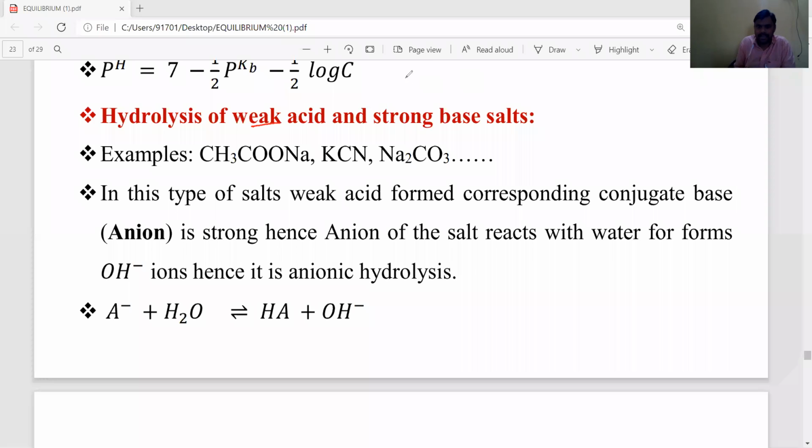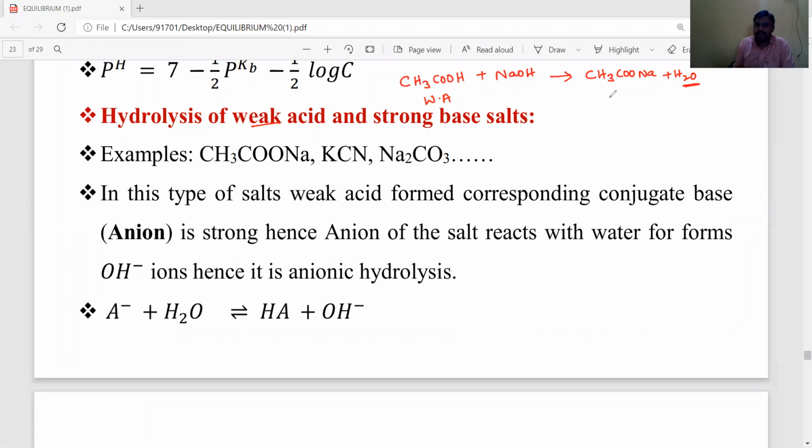For example, acetic acid, CH3COOH, is a weak acid. It combines with a strong base like sodium hydroxide, NaOH, and produces CH3COONa, sodium acetate. So this kind of salt undergoes what kind of hydrolysis?